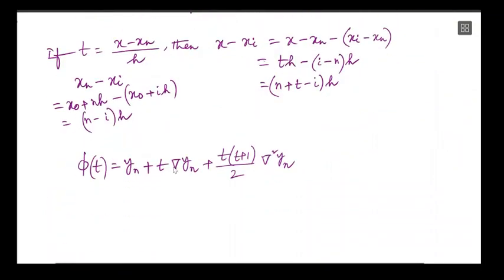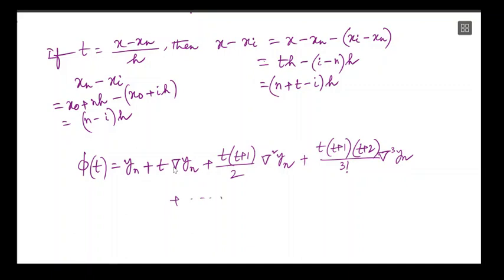So here t into t plus 1 by 2 nabla 2 yn, the next term will be t into t plus 1 into t plus 2 by 3 factorial nabla 3 yn.